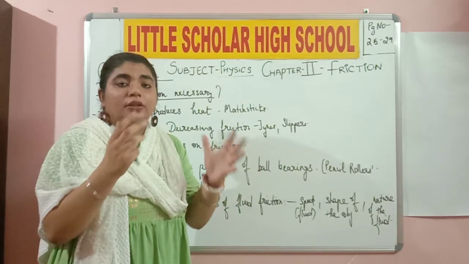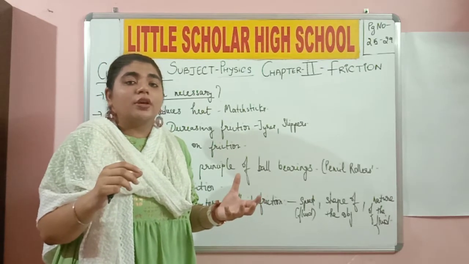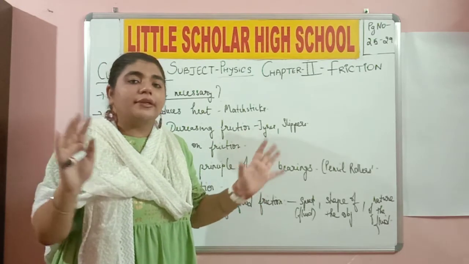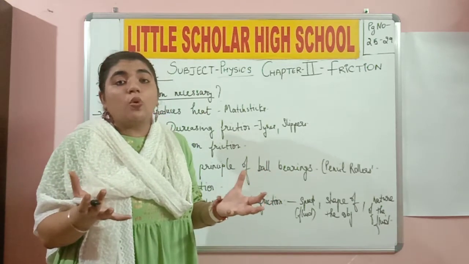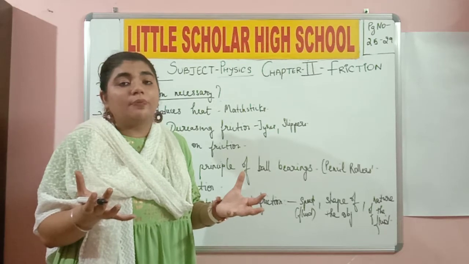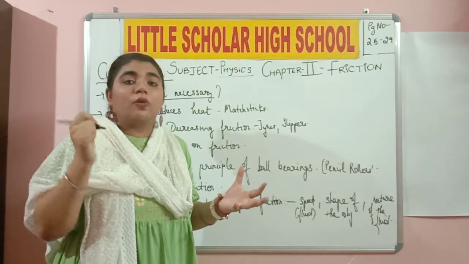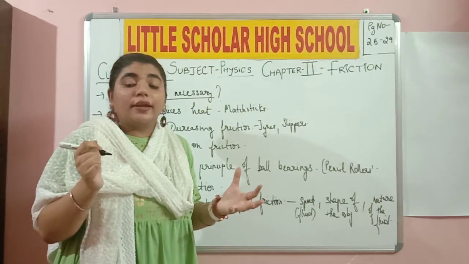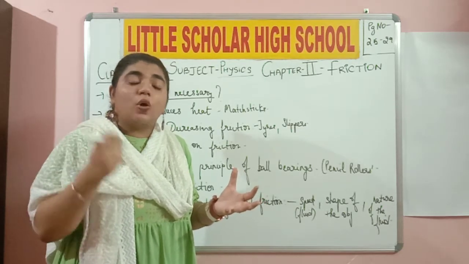For example, the car has tires. Yes or no? You use the car for two years, and after some time, let's say nine to ten months, you see that the tires have worn out. Why does this happen? Because you are regularly traveling in the same car every day from morning 10 to 5, and because of regular usage, the tires have worn out.